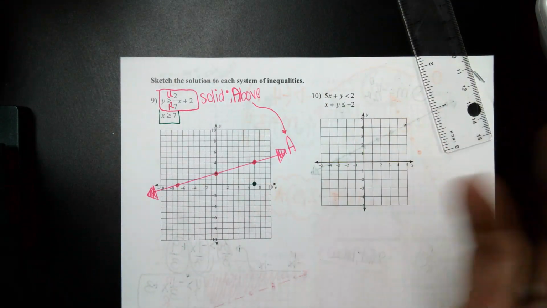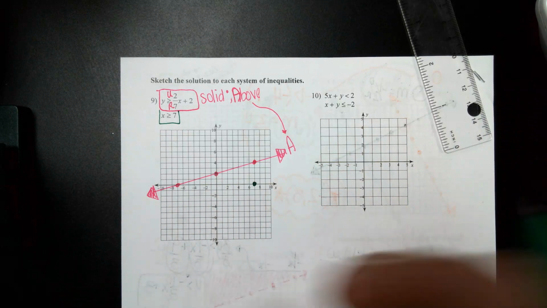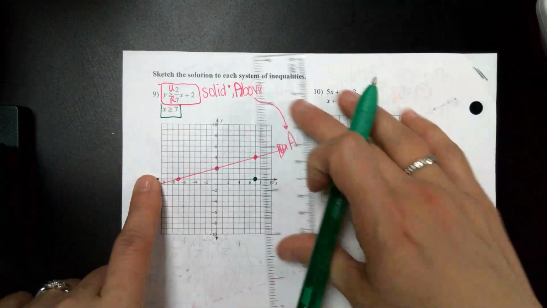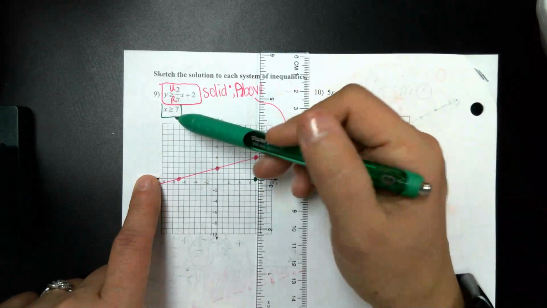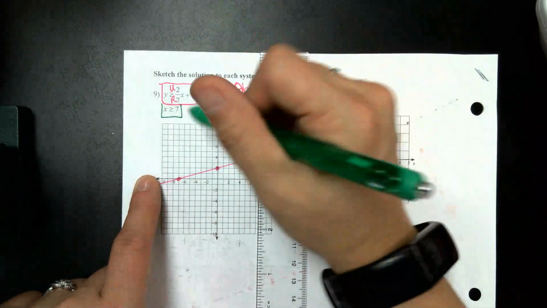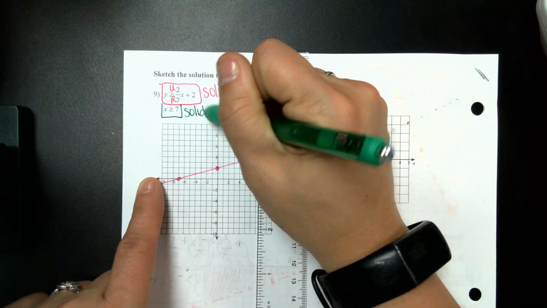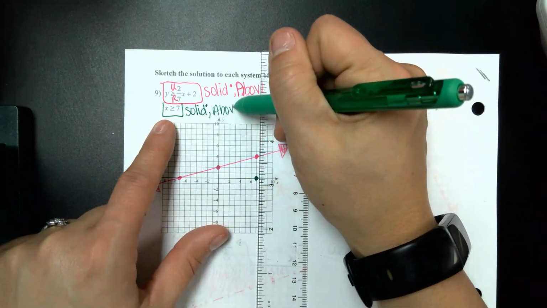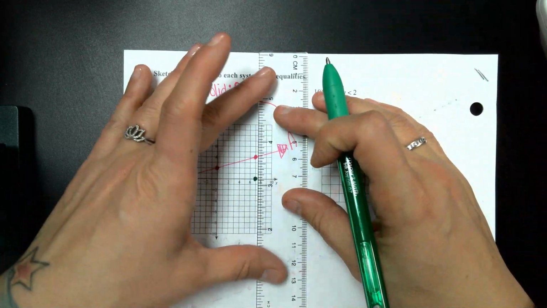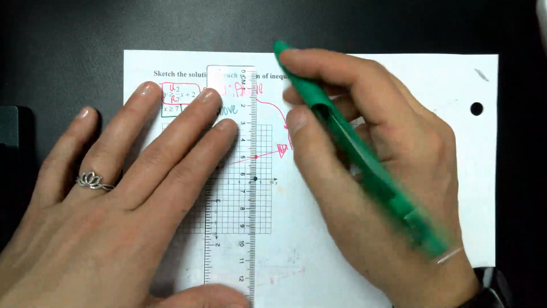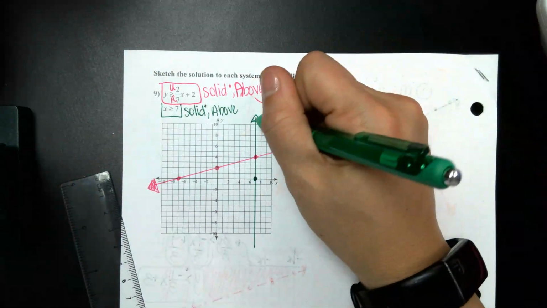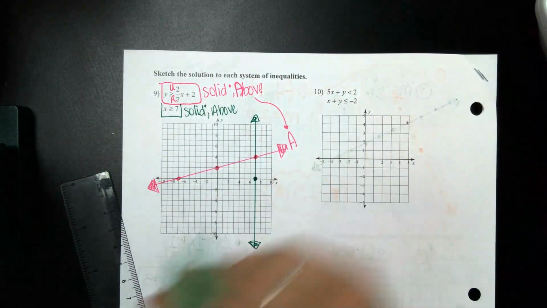And what kind of line is it? The vertical? Yep. Okay, now before I draw it, because I can just follow that grid line, solid or dashed? Solid. Above or below? Above. Okay, so I'm going to follow the grid line. We've got our nice vertical line there.